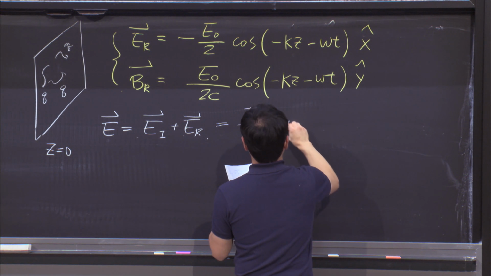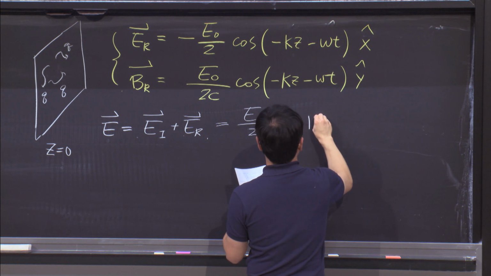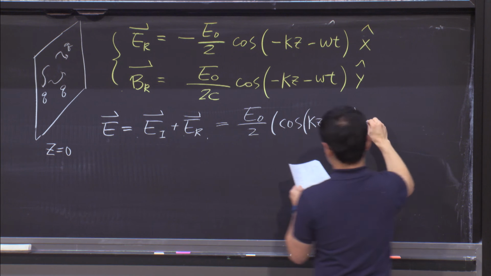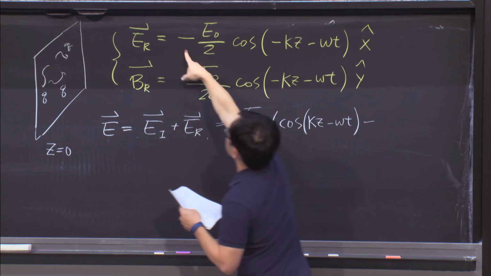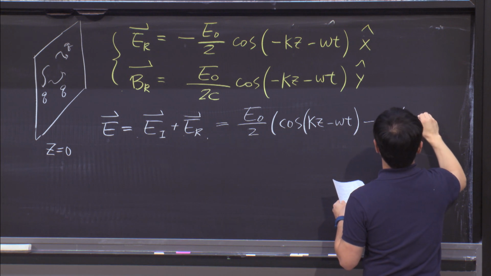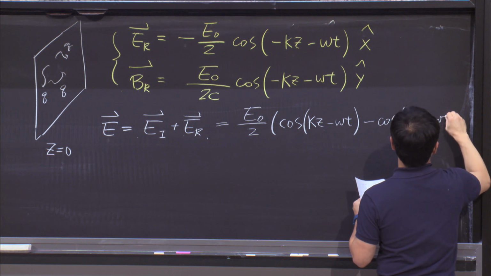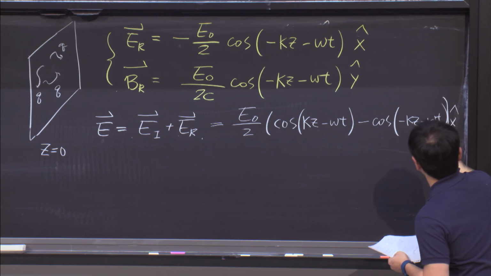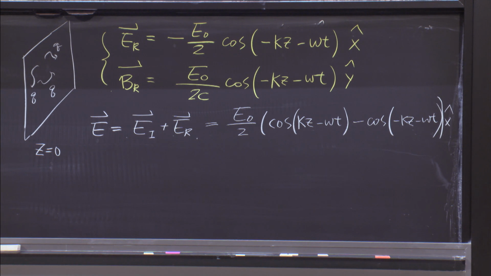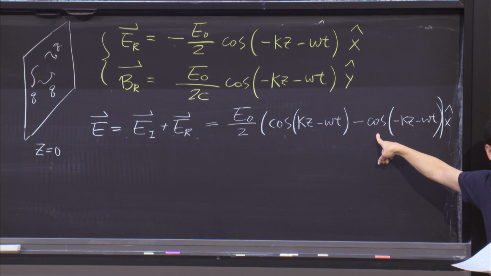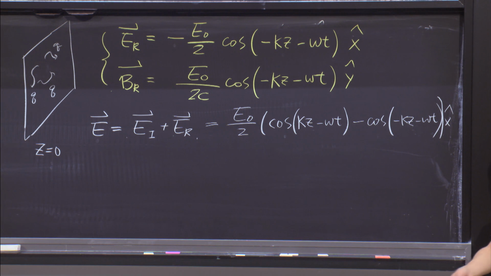So I have cosine kz minus omega t minus, because there's a minus sign here, cosine minus kz minus omega t, in the x direction. Of course, this is a cosine minus cosine, so we have all the formulas from, for example, Wikipedia or from your textbook.